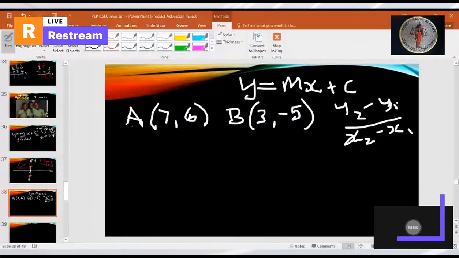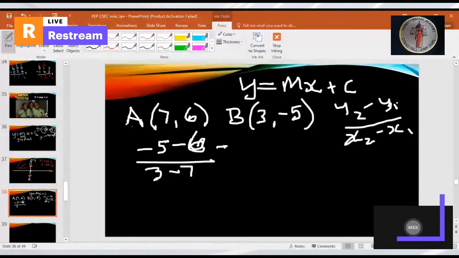So it's negative 5 minus 6, divided by 3 minus 7. Negative 5 minus 6 gives negative 11, and 3 minus 7 gives negative 4. So the gradient is 11 over 4.